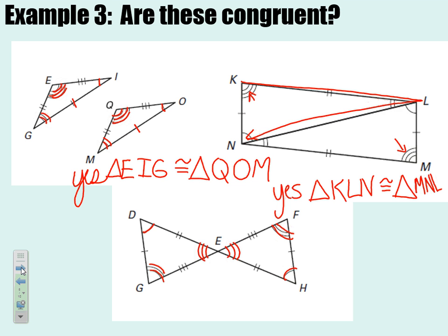And now that I see that they have all the markings that they need, I can say yes. So triangle DEG is congruent to triangle HEF. Okay, paying attention to those markings on there to help us guide where we're going.